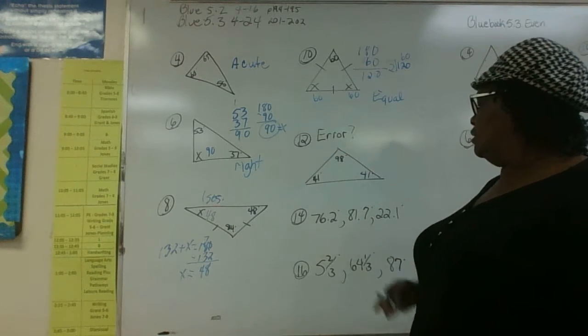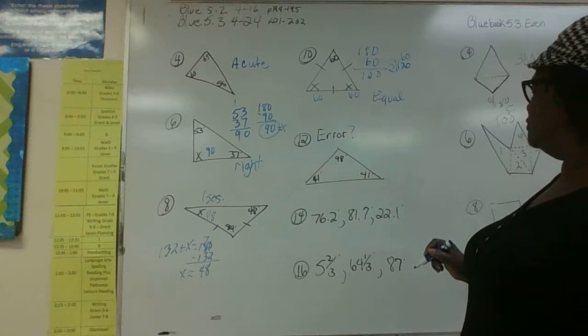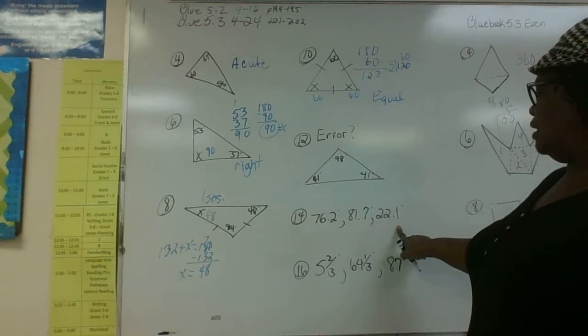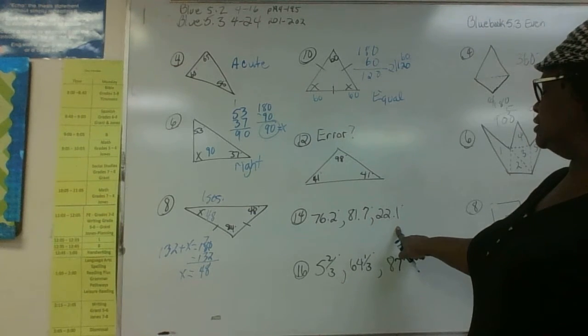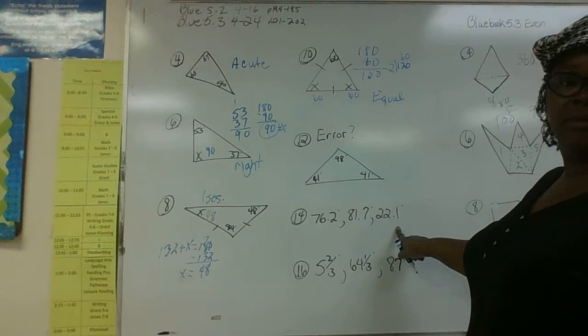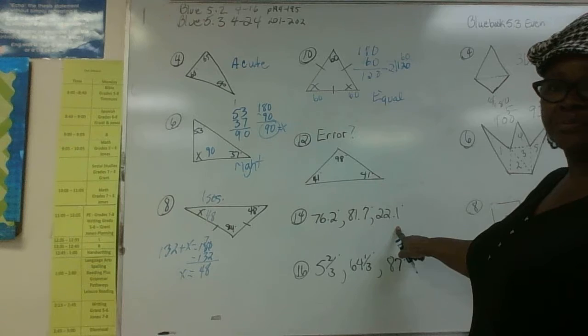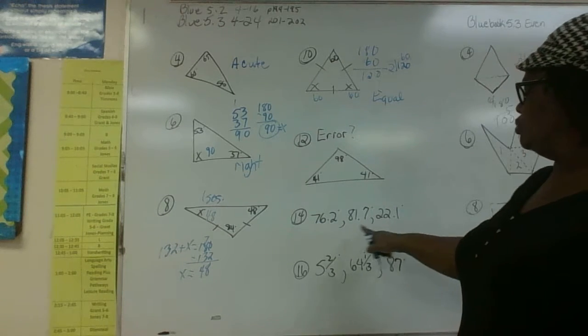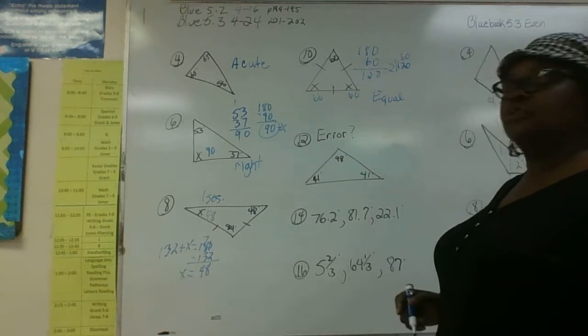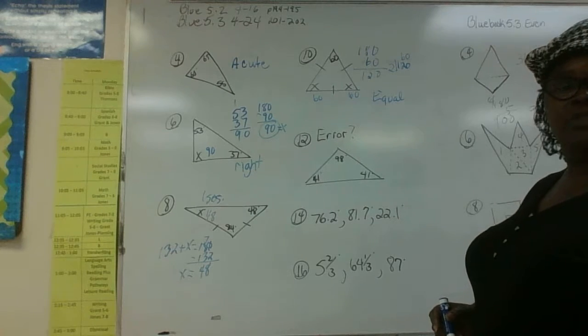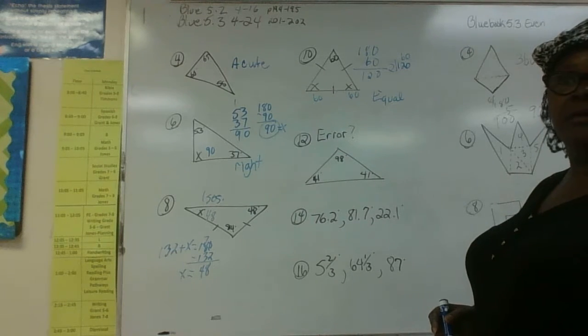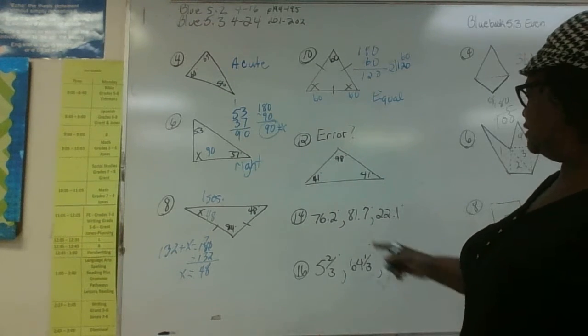Okay, here on number 14, we are to determine if these angle measurements added together equate to a triangle. And if not, we are to alter the first measurement so that the three measurements can form a triangle. So let's take a look.